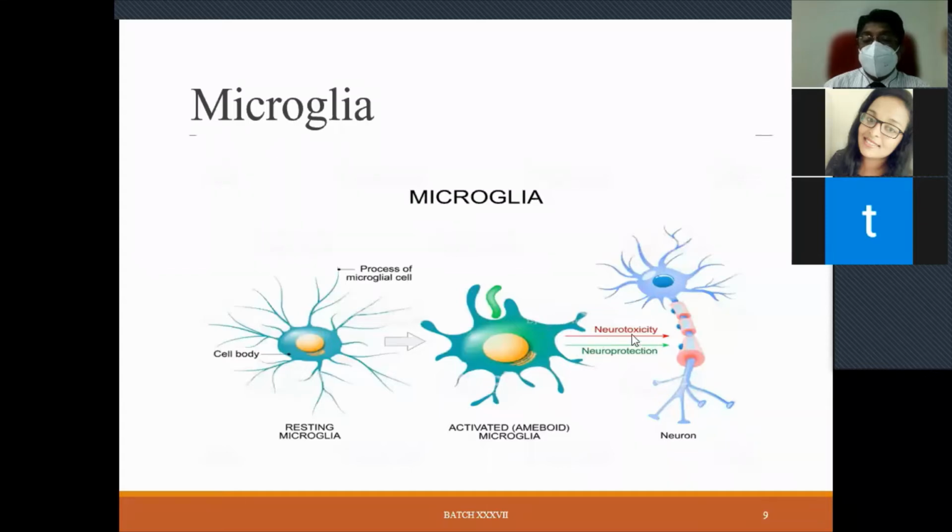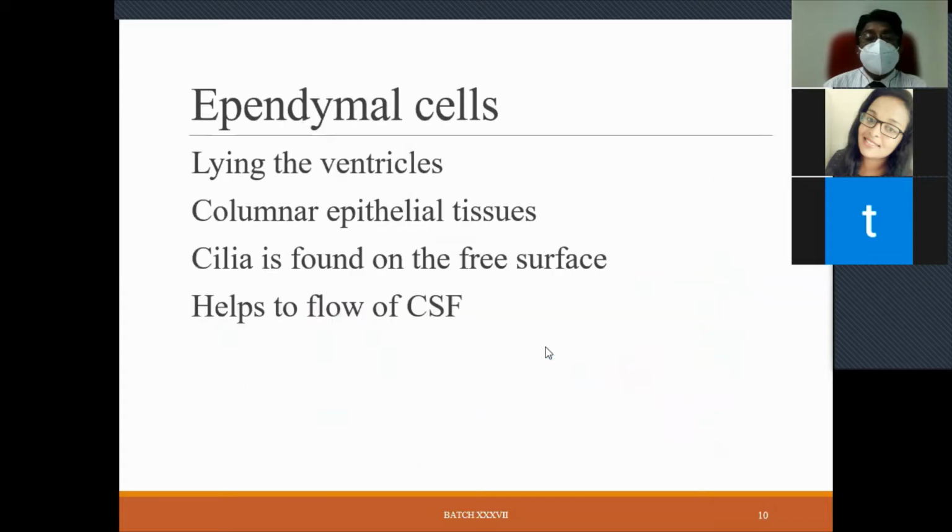So it prevents neurotoxicity, and it gives a kind of neuroprotection, right? So the neurons are protected from microorganisms by microglia.